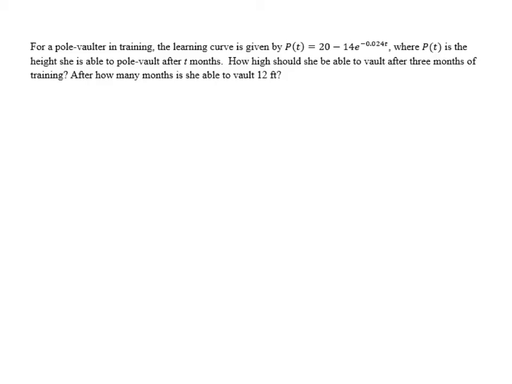So first we're asked, how high should she be able to vault after 3 months of training? Here we just need to substitute in 3 for t to figure out her height. So we have P(3) = 20 - 14e^(-0.024 times 3).